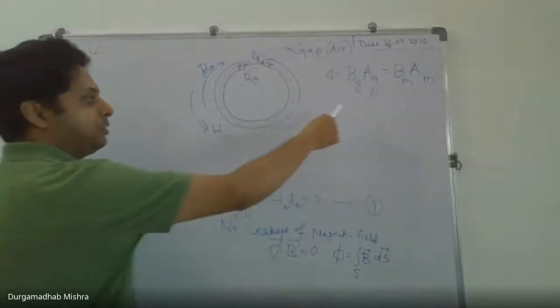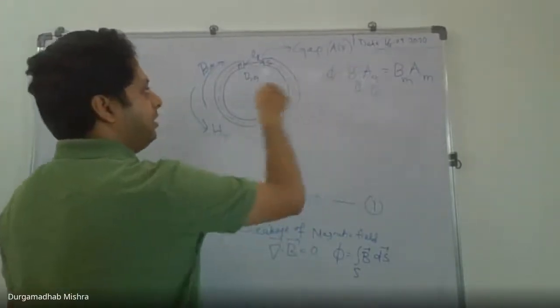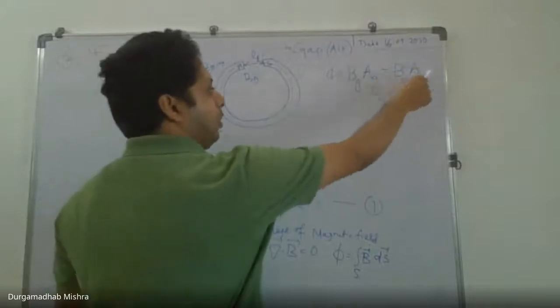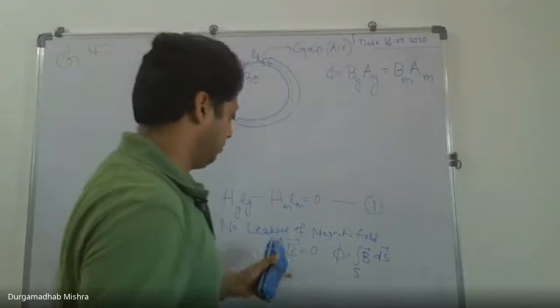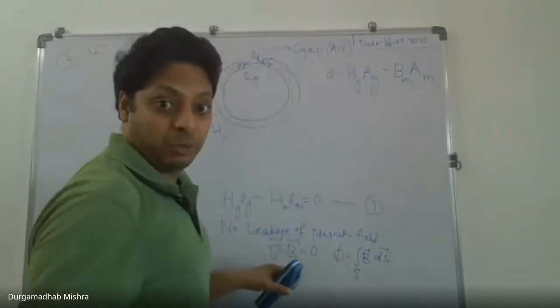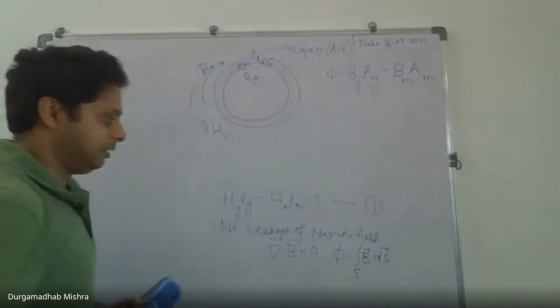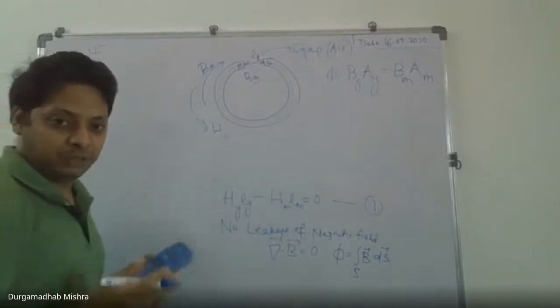The same flux we have in the gap should also exist in the magnet, because of this condition del dot B equal to 0, that the magnetic field lines have to be continuous.